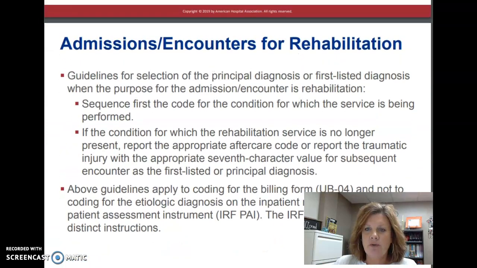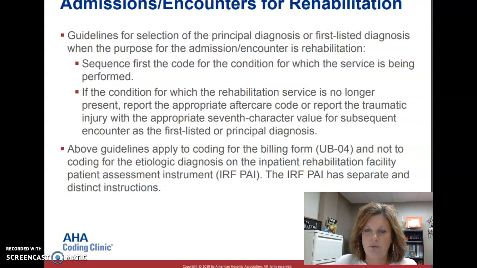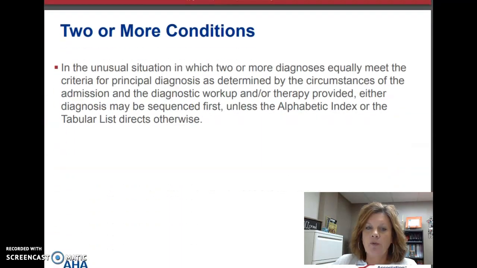Okay, admission encounters for rehab. Again, principal diagnosis, sequence the first code for the condition for which the service is being performed. All right, so let's say we have 2 or more conditions. In the unusual situation, we have 2 or more diagnoses that equally meet the criteria for principal diagnosis. At this point, either diagnosis can be sequenced first.